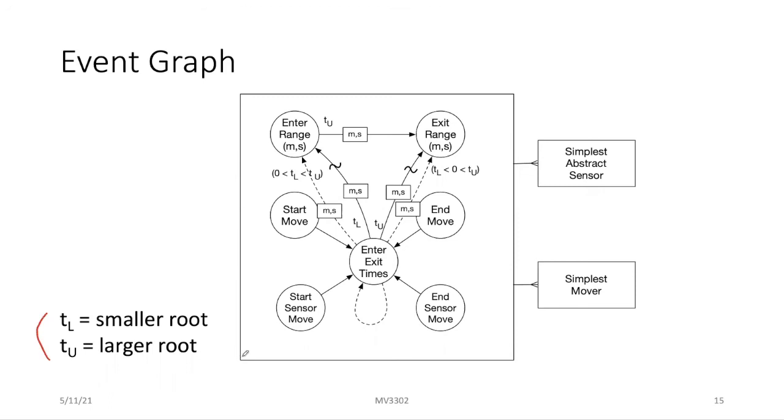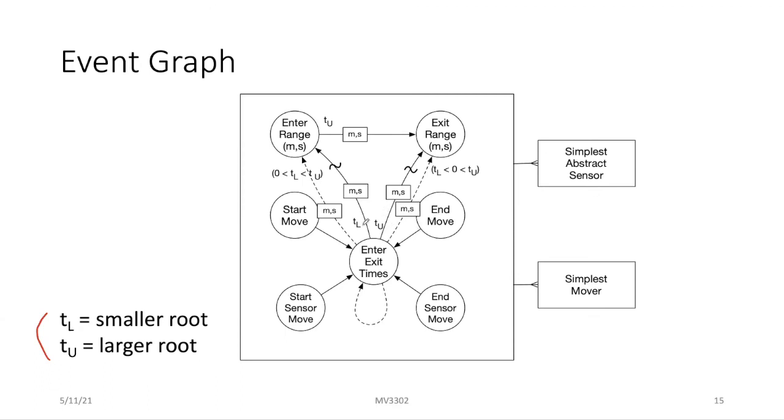And now the enter and exit times are going to be where we compute the root. So if the roots are real, and TL is the lower root, TU is the upper root. Maybe it should be TS and TL, but TL for lower, TU for upper.